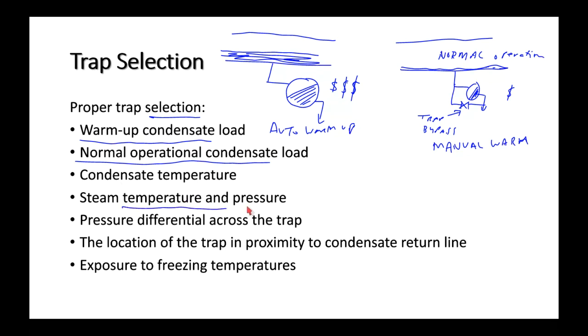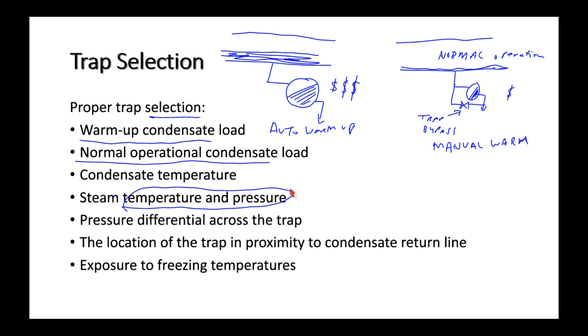Now, there's temperature and pressure, again, always a factor with fittings, because we know the relationship between temperature and pressure. And so, we got class 150, 300, 600 flanges and that sort of thing.